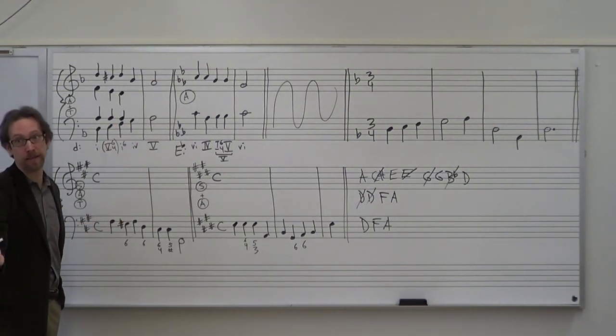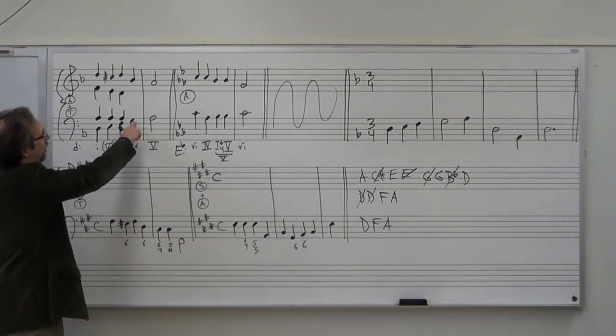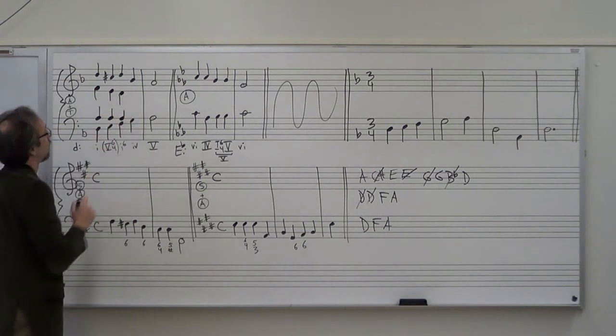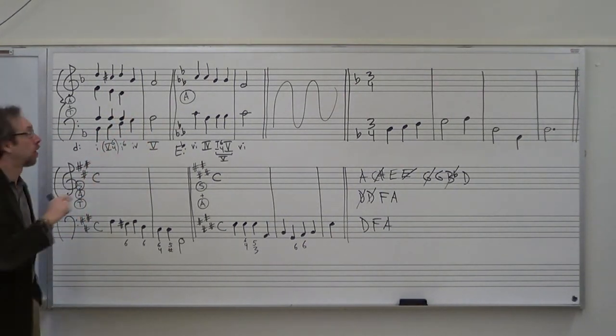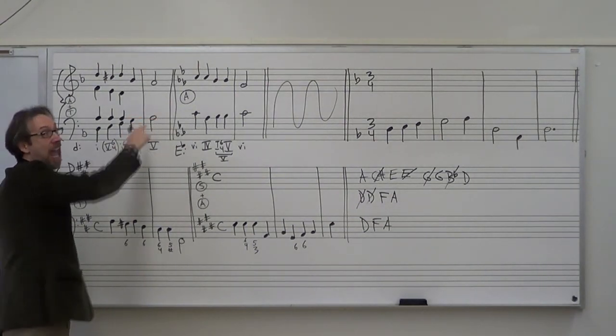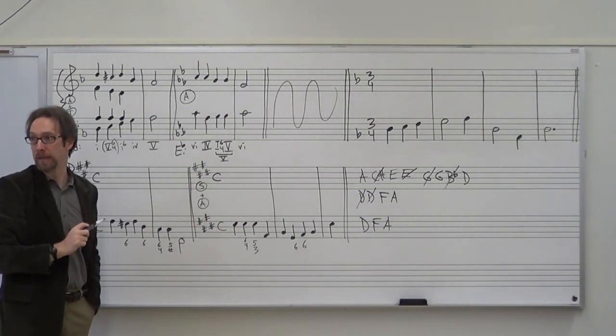Common tone is your friend. If you have an option, do it. Now, do you have the option? If you went to the G and had the D here, what would happen in the very next chord? Well, the tenor is a G here, and the bass is an A above that note. So that would be overlapping.